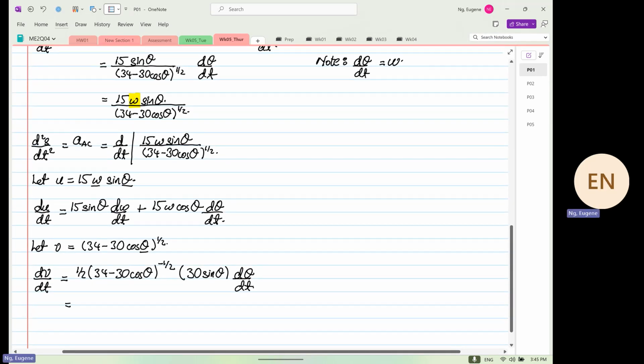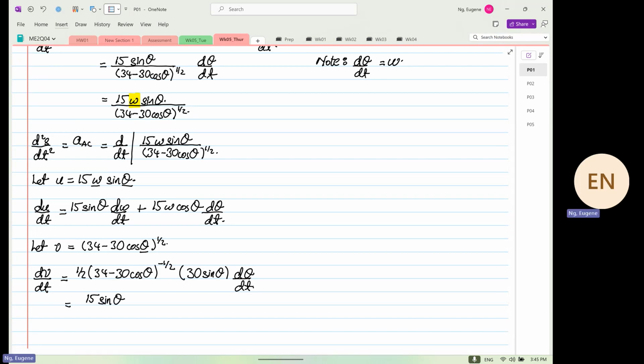So this is equal to 15 sine theta divided by 34 minus 30 cos theta power of half, and then I just need to write d theta over dt. Okay, I'm just going to leave it at that.